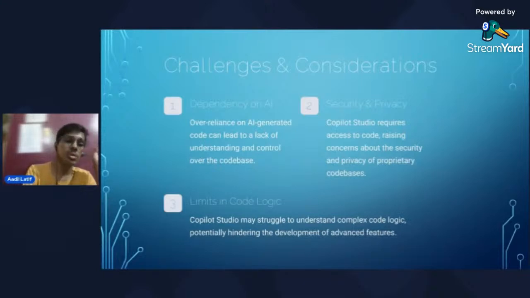Because if we are always using Copilot Studio, then after some months or some years, there will be a lack of our knowledge, because we are only copying the Copilot Studio output. Okay. So we might become overly reliant on Copilot Studio suggestions. And after some time, we will not be using our mind.